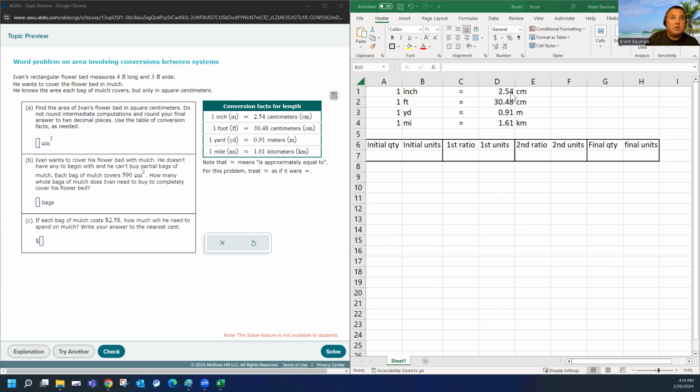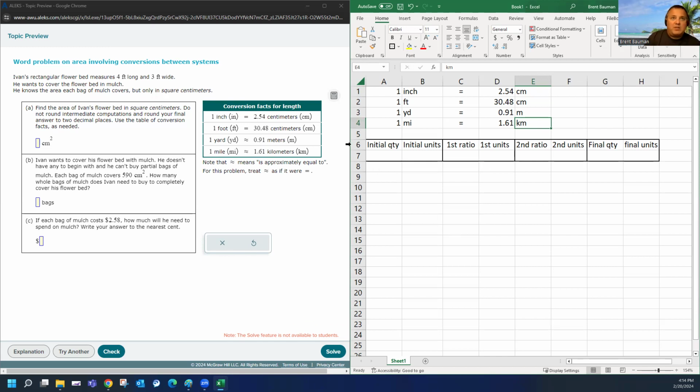So 1 inch equals 2.54 centimeters, and I have them all in their own cell so that I can use cell reference when I get there. And 1 foot equals 30.48 centimeters, 1 yard, so on. So I have all the conversion facts that they've given us, so we're going to need to use those.